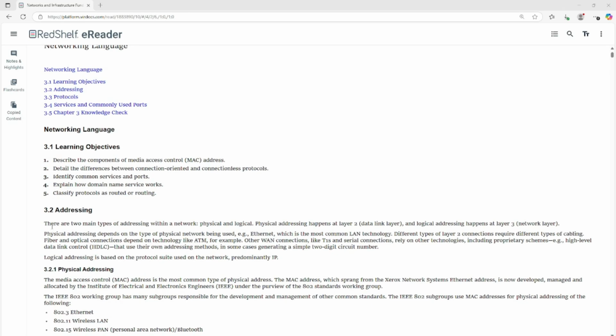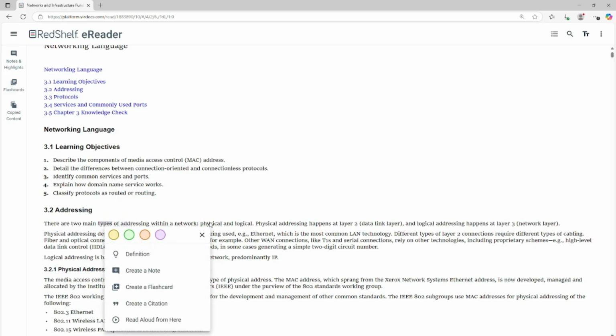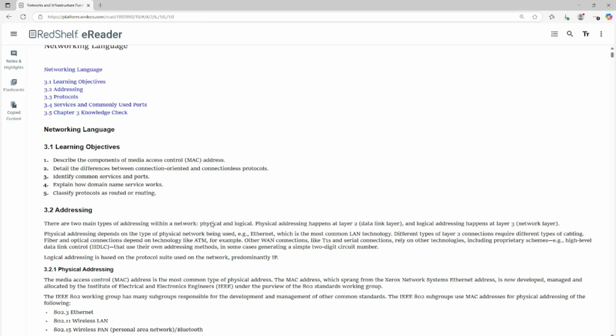When it comes to addressing, keep in mind that there are two types of addressing, the physical and the logical. The physical addressing happens at layer 2, which is the data link layer, while the logical addressing happens at layer 3, which is the network layer.